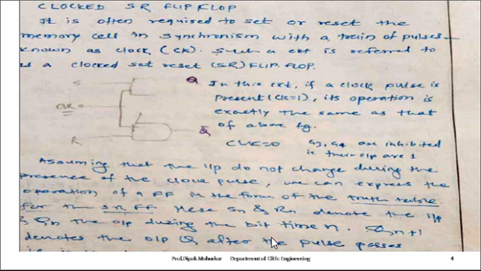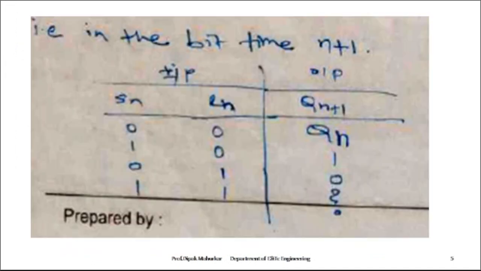Whenever the clock pulse is present, that time we denote by small n. And Qn plus 1 denotes the output after the pulse passes.